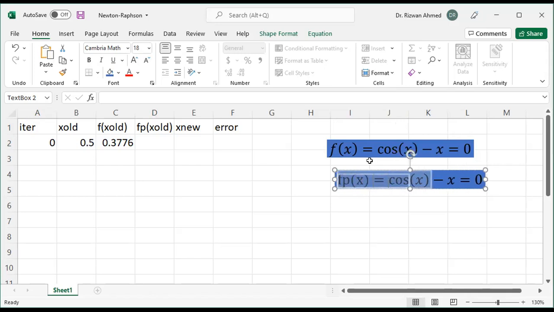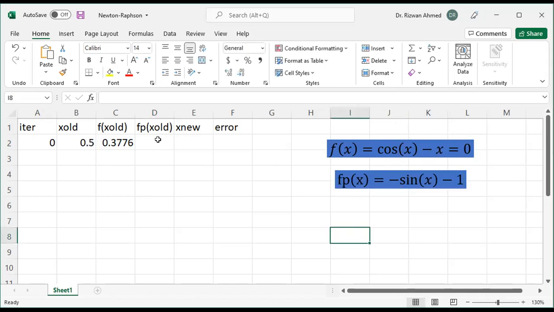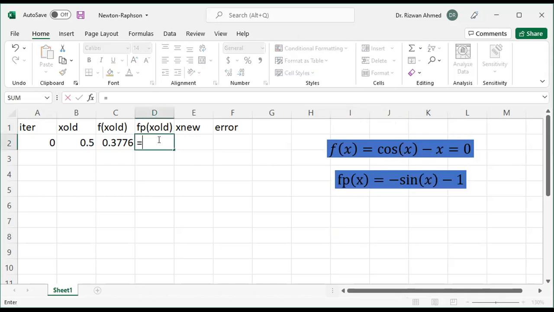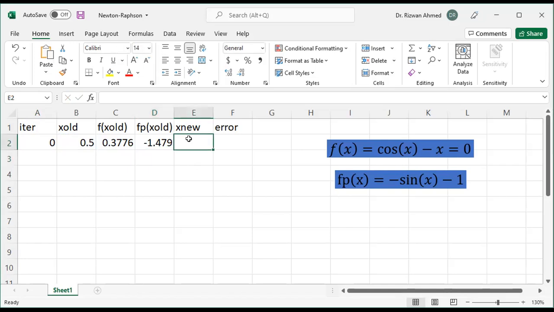Fp of x would be minus sine of x minus 1. Okay, so we compute the value equal to minus sine of x old value minus 1.